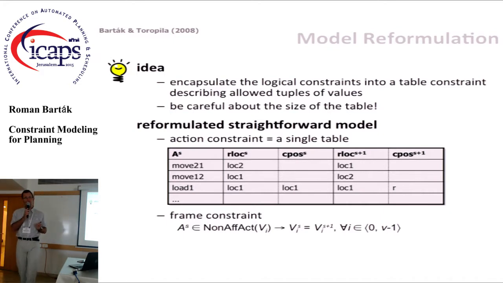the reason why these two values are there is that they are part of the precondition and effect description, right? So for the load action, load 1 means loading at location 1, we say that the robot and container must both be at location 1. Right, so both must be at location 1, and this is what we say at the end.